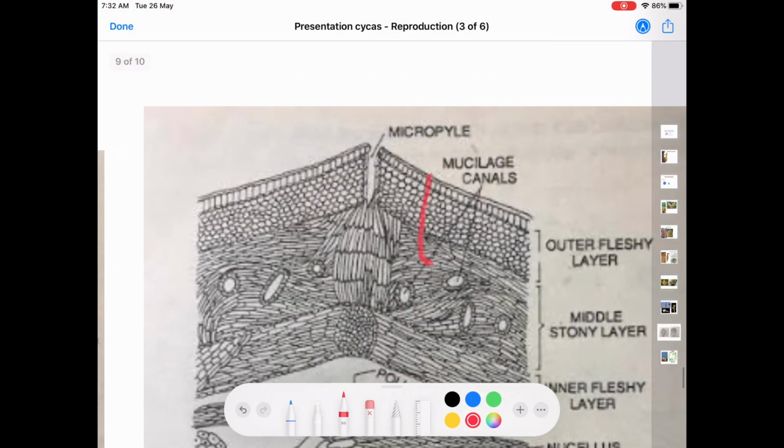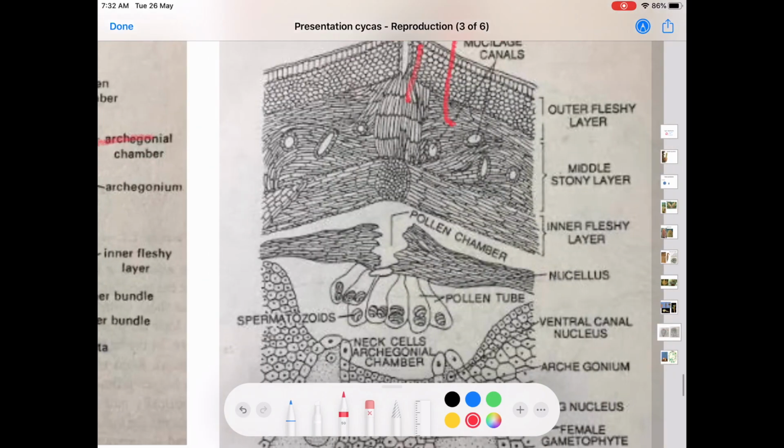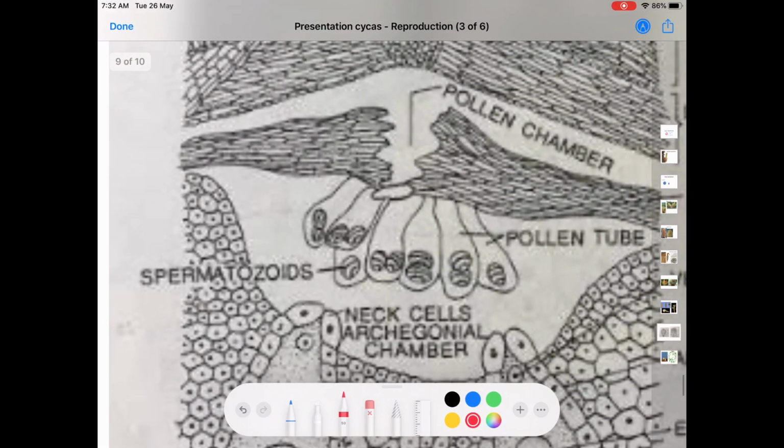Once the pollen grain reaches the pollen chamber, it will germinate and fertilize the egg.